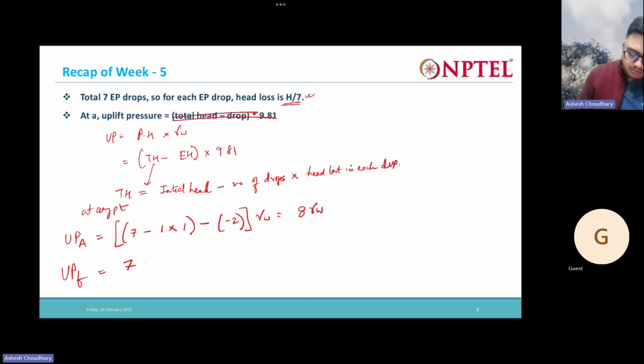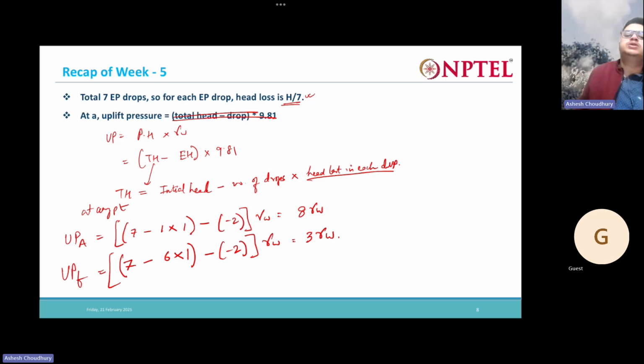So 7 minus 6 times the head lost in each drop, which is 1, is my total head, minus 2 again. Isn't it? So this comes out as 7 minus 6 is 1, or 1 plus 2 is 3.